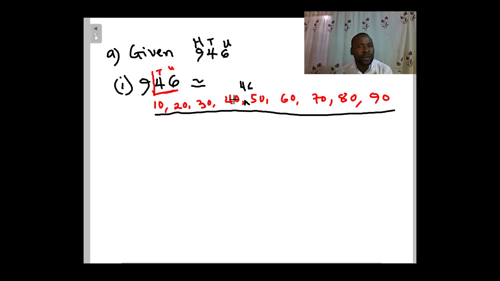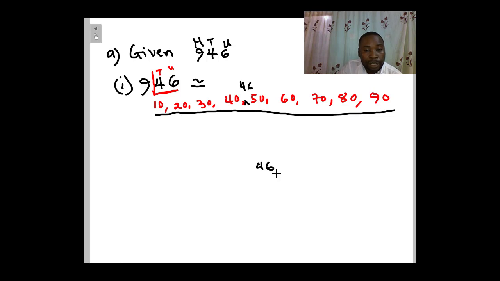Which of these numbers is 46 the closest to? All right, if you are journeying from house number 40 and you want to reach house number 50, then you are at house number 46. How many steps do you have left to reach 50?